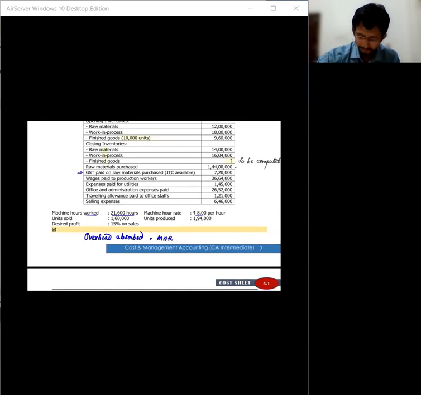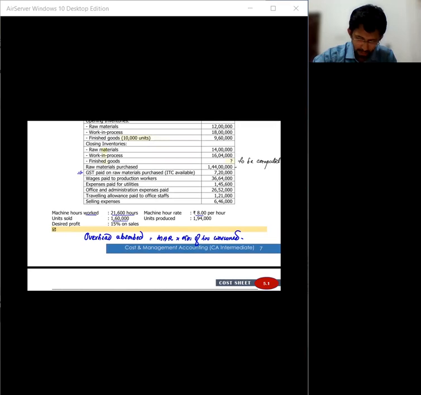Machine hour rate per hour into the number of hours worked. Which means this information is given to compute the amount of factory overhead absorbed. Now if you see this table, do you have any information regarding the production overheads or factory overhead? You don't have the amount of factory overhead absorbed, and accordingly you have to create the cost sheet.